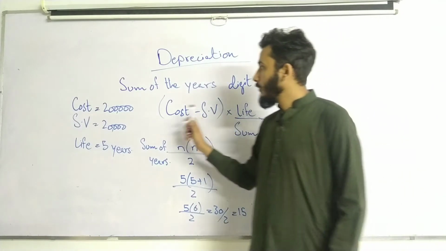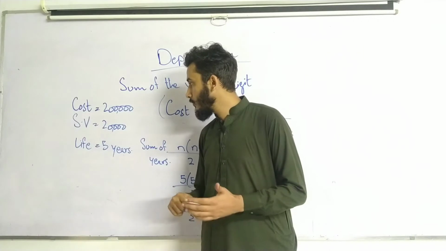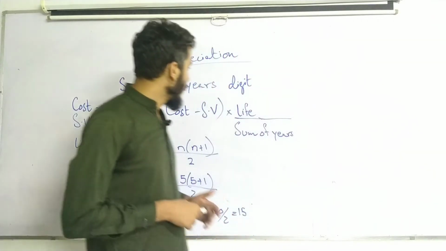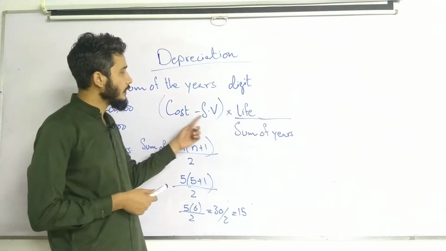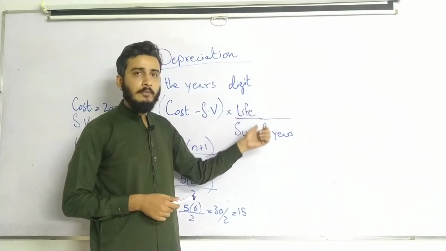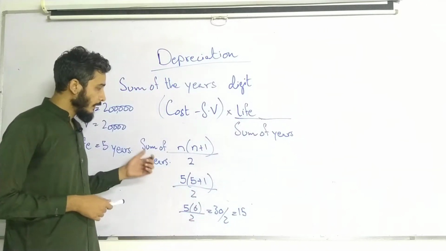So here we got the question, cost is 200,000, scrap value is 20,000, and life in years is 5. Then we have a formula that cost minus scrap value and multiply by life over sum of the years. Now how to find the sum of years?